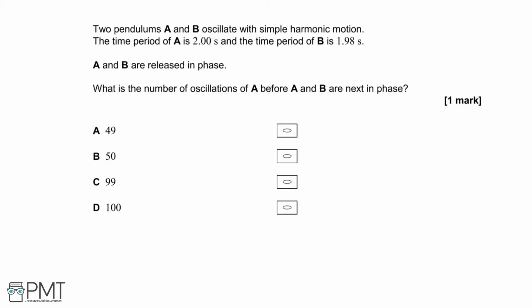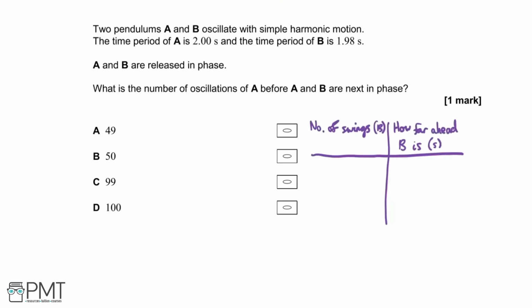Now, the thing to do here is to picture what's happening between those two pendulums as time goes on. The way I would do this is start by drawing a table and fill in the values for the difference in phase each time there's a swing. We've got a table that tells us the number of swings that B has done, which for a while is going to be the same as the number of swings that A has done.